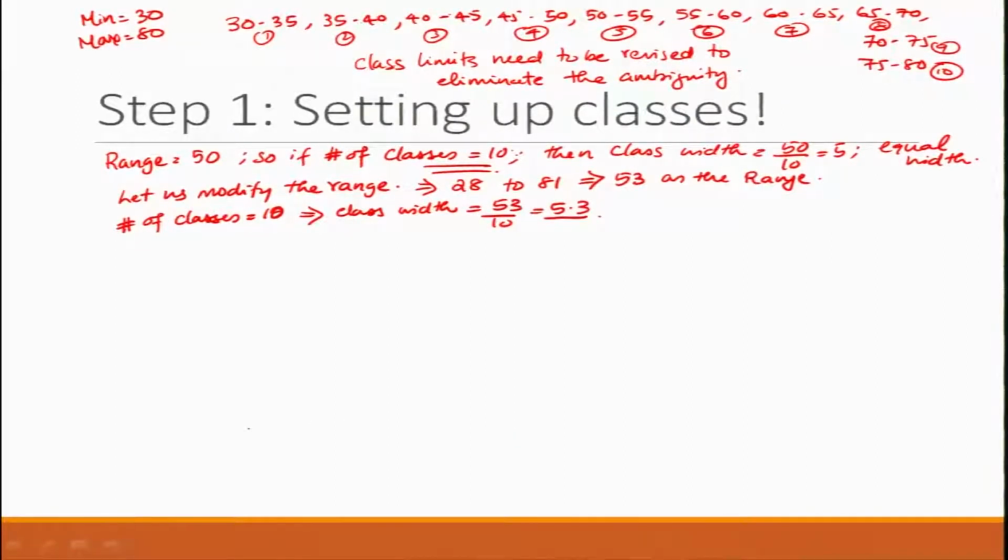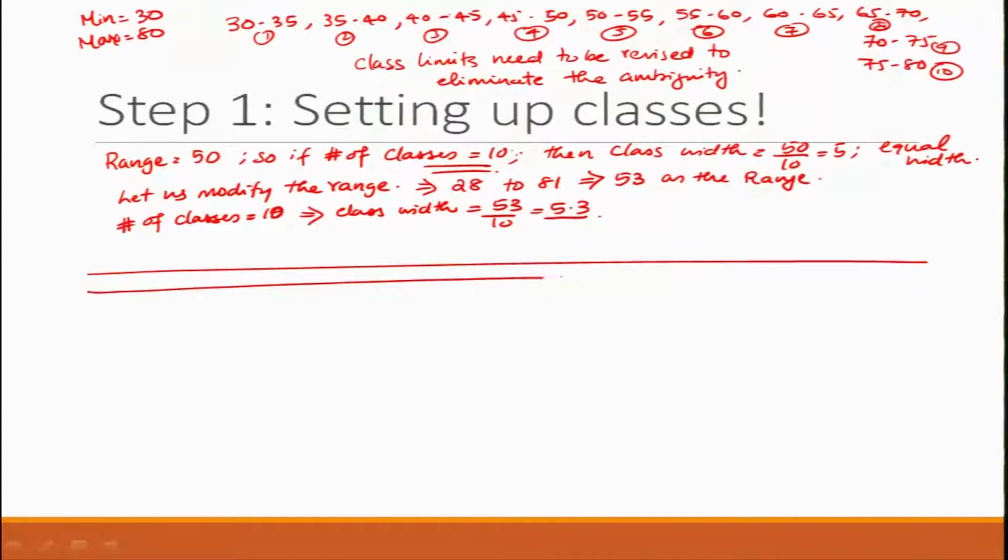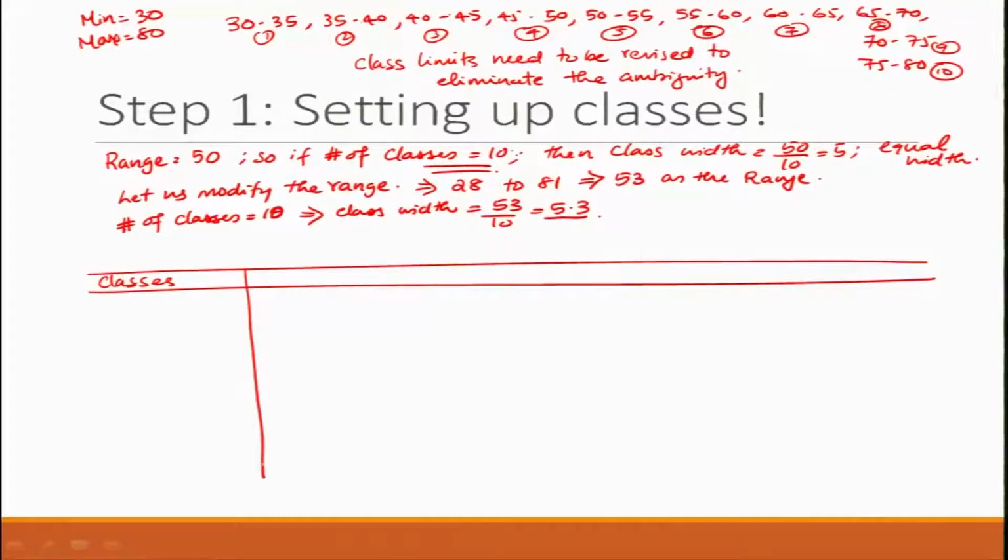Now our next step is to create the frequency distribution. I am going to do it like this. The classes will start at 28.0, and if you add 5.3 to this, it will become 33.3.